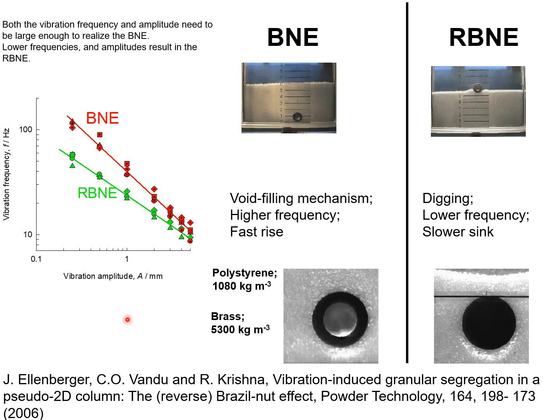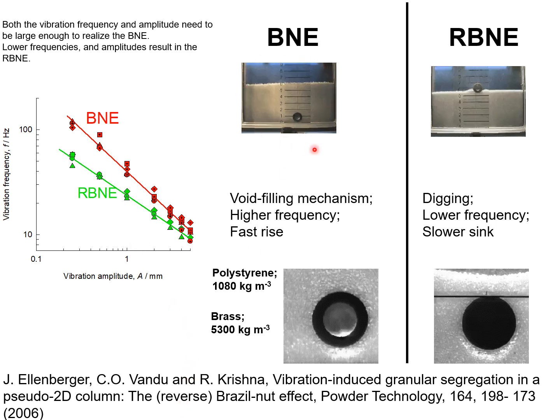Both the vibration frequency and amplitude need to be large enough to realize the Brazil nut effect. Lower frequencies and lower amplitudes result in the reverse Brazil nut effect. Let's demonstrate that with two different experiments.